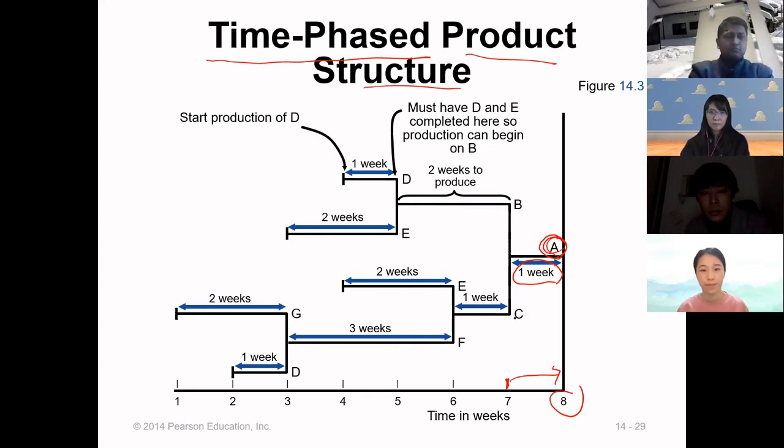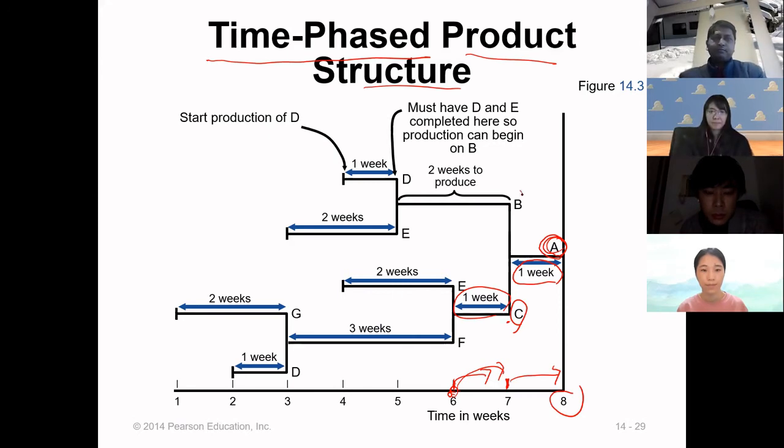And C requires 1 week of lead time. Okay. So only at week 6 I can actually start, or you need 1 week to order. That means at week 6 I need to order, then only it will arrive. Or at week 6 I need to start making, then only it will be available at week 7 here.